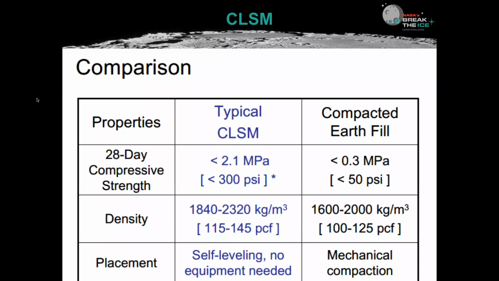Density, 1840 to 2320 kilograms per cubic meter versus 16, so density is somewhat similar. Placement, it's a self-leveling material. You don't need equipment, whereas compaction for soil is to be done in layers and watched for the right amount of compaction to get the right properties for that fill. Next slide.